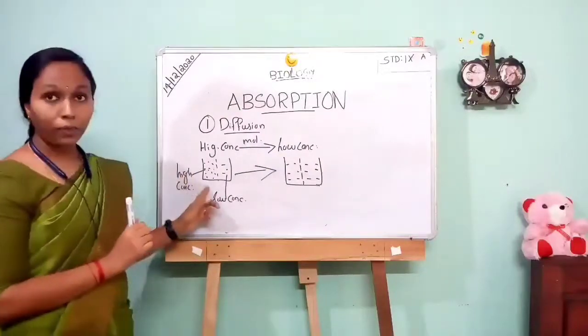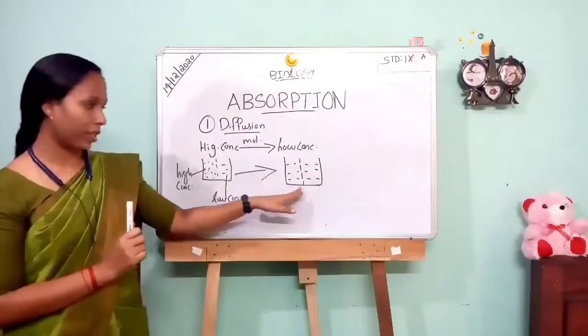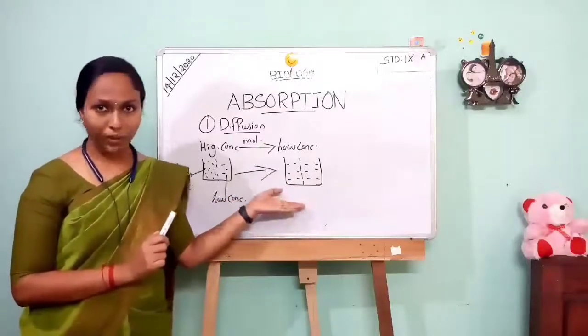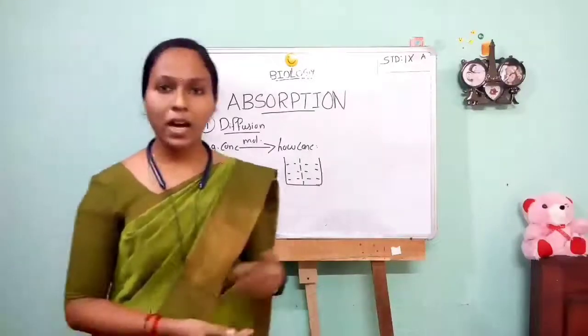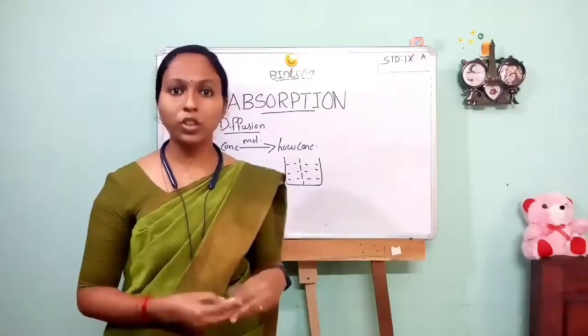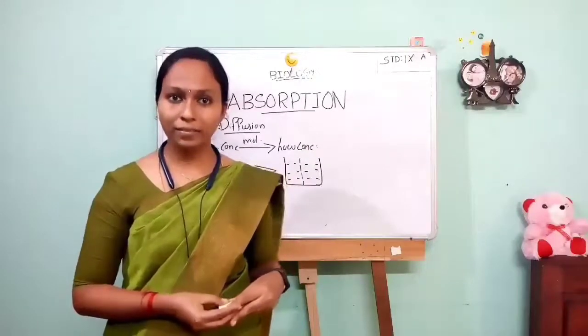The movement of molecules takes place, so it becomes equal in concentration. Are you clear? In our body, fatty acids and glycerol are absorbed into lacteals through the process of diffusion. Are you clear?